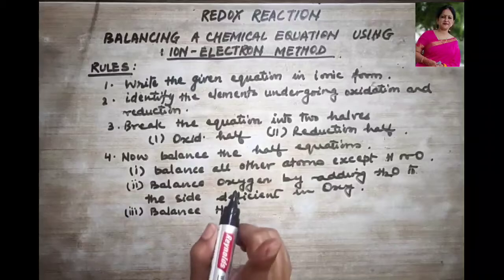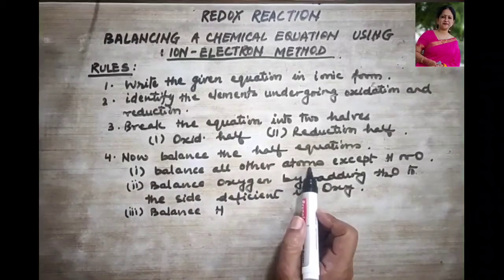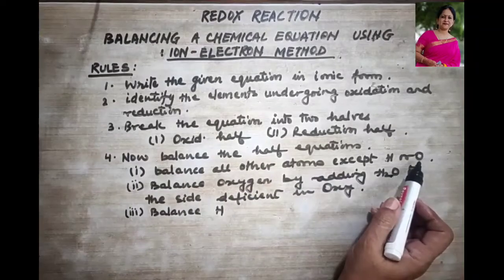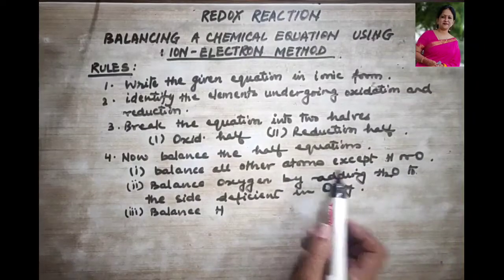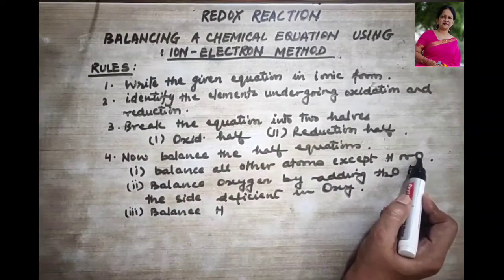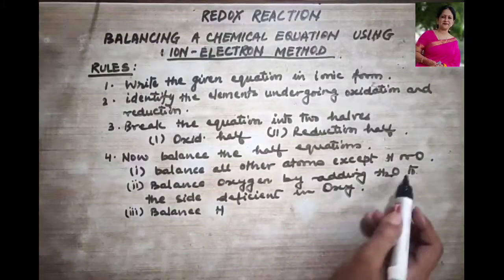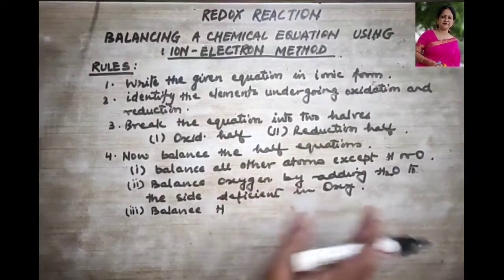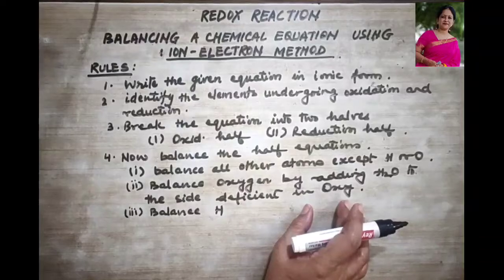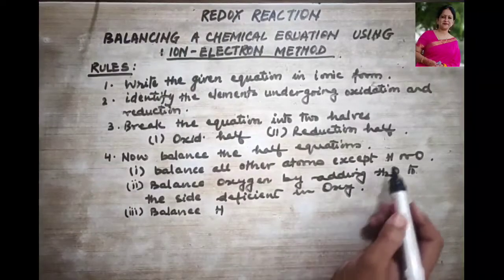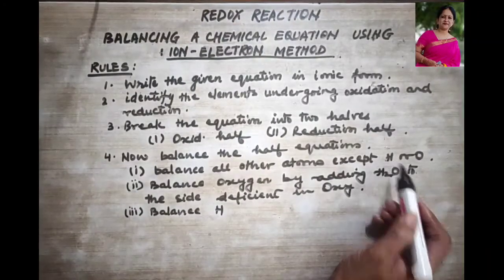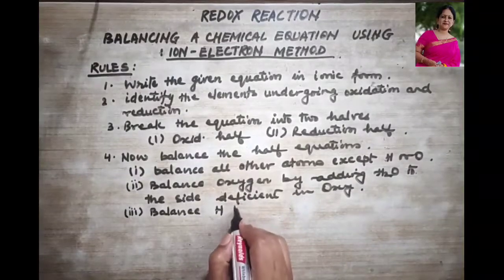Then third point in this balancing is now we are going to balance hydrogen. So what did we do first? First we balanced all the elements, not hydrogen and oxygen. After balancing them, we will next focus on oxygen. So how to balance oxygen? It has to be added as water to whichever side there is deficiency of oxygen. Now after oxygen, we are going to balance hydrogen. So how to balance hydrogen?